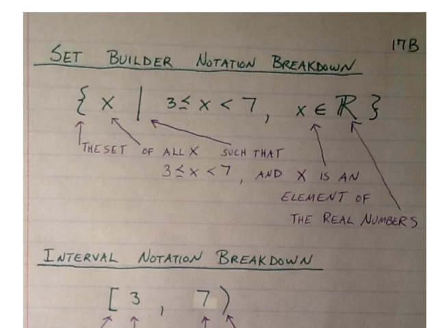Here's a quick verbal breakdown of all the pieces for set builder notation. What this is saying is the set of all x such that, and then we put in our inequality notation, and then finally we say x is an element of the real numbers.